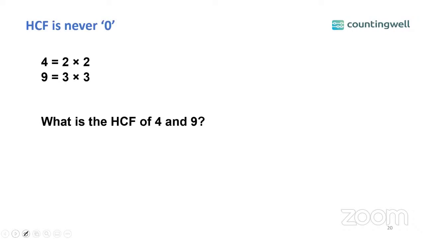HCF is never 0. While writing the prime factorization of 4, we have 4 is equal to 2 into 2, whereas writing the prime factorization of 9, we have 3 into 3. Now, when we are finding the HCF of 4 and 9, we forget that 1 is also a common factor between 4 and 9.